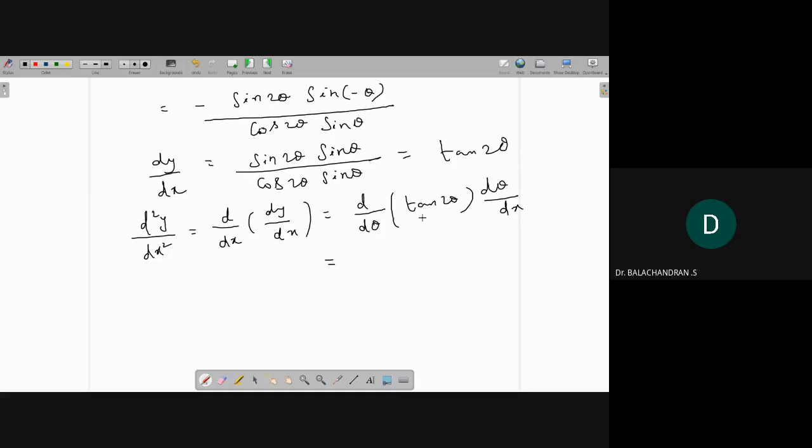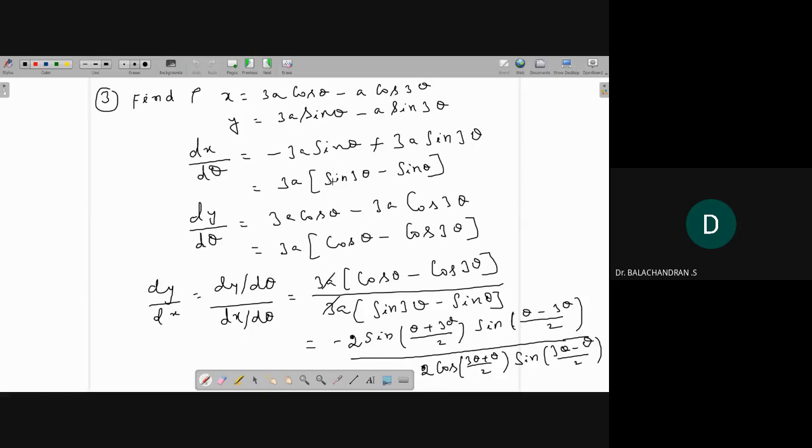If you differentiate tan 2 theta with respect to theta, you'll get secant square 2 theta into 2, and d theta by dx. So we know dx by d theta. What is dx by d theta? 3a sine theta minus sine theta.